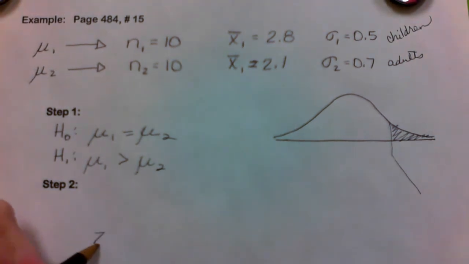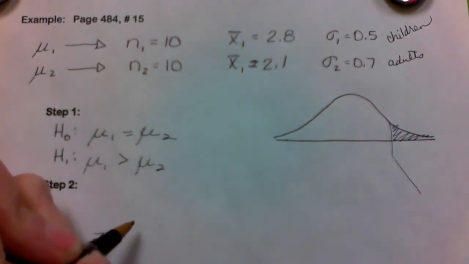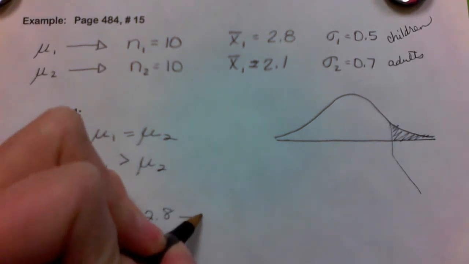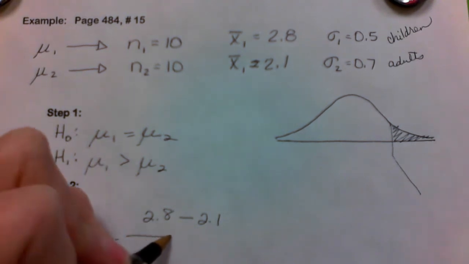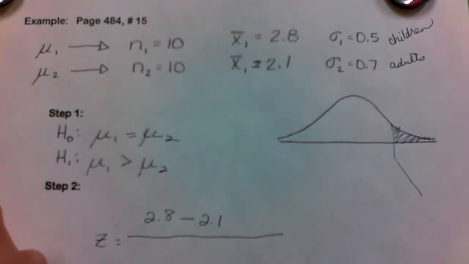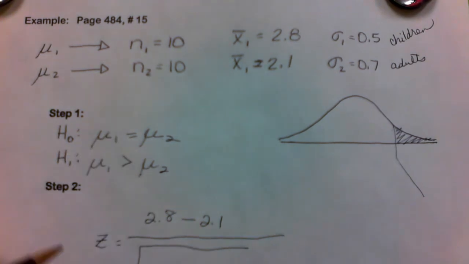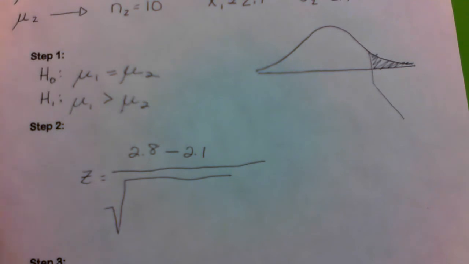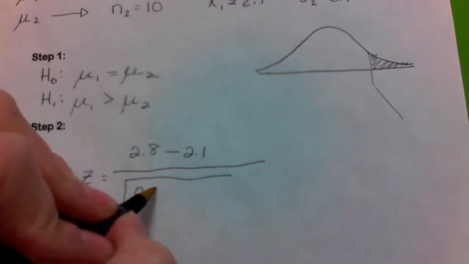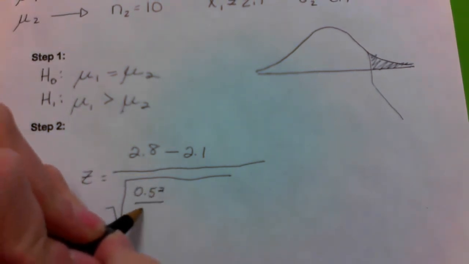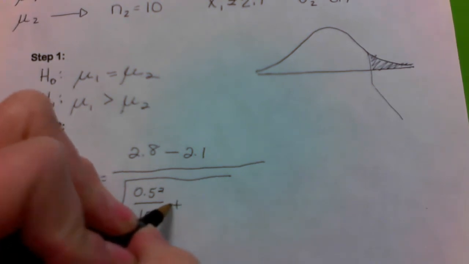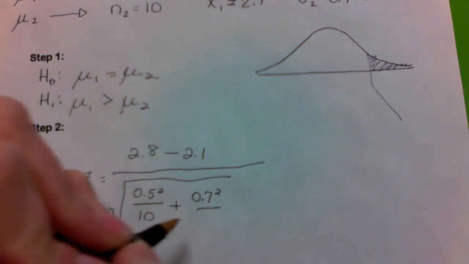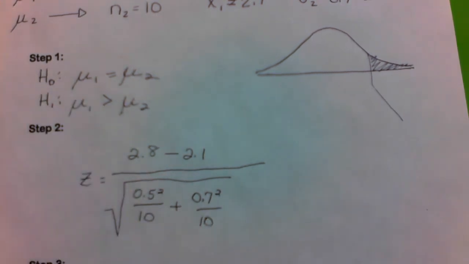So my z-value is x bar 1, 2.8, minus x bar 2, 2.1, divided by the square root of, sigma 1, 0.5 squared divided by n1, 10, plus sigma 2, 0.7 squared divided by n2, 10.